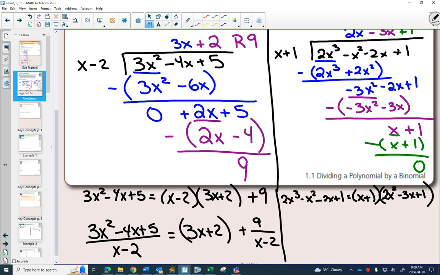And what you have done for the first time in your life is you have started to factor a cubic. In fact, some of the questions in this unit will be, you have 2x cubed minus x squared plus 2x plus 1. Factor completely.